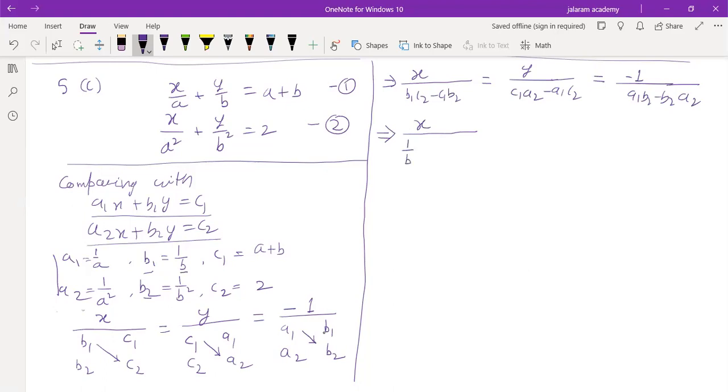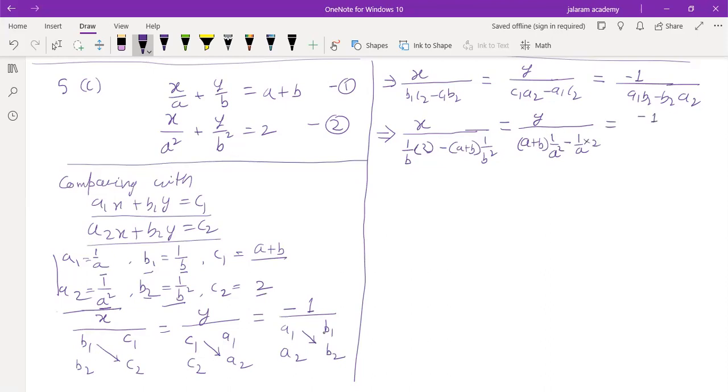Sir, 1 upon b into c2, which is 2, minus c1, a plus b, into b2, 1 upon b square, equals y upon c1. c1 is a plus b into a2. a2 is 1 by a square minus a1. a1 is 1 upon a, into c2. a2 is 1 by a square. And c2 is 2.